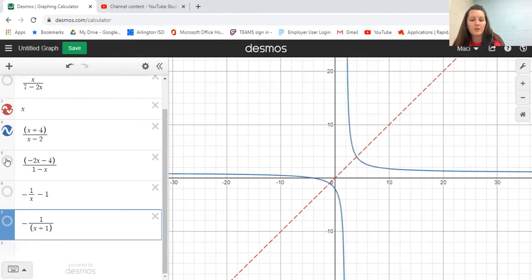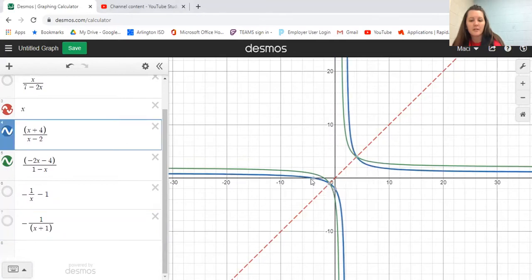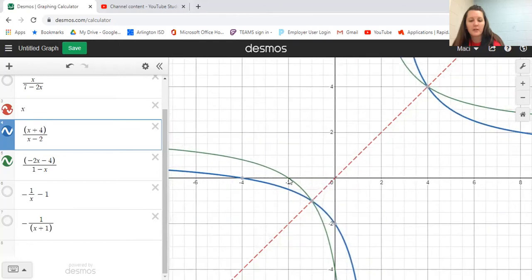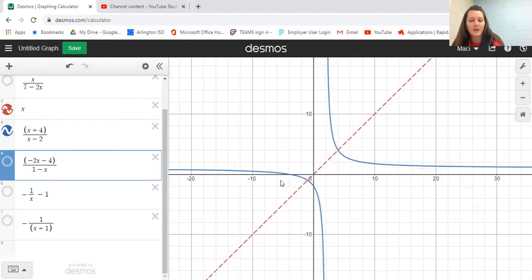That was our original function. Here's our inverse function, very close. You can see that if this is 0, negative 2, 0 is our reflection point. So we can verify that way, our x and our y's.